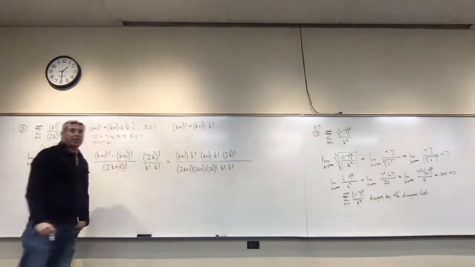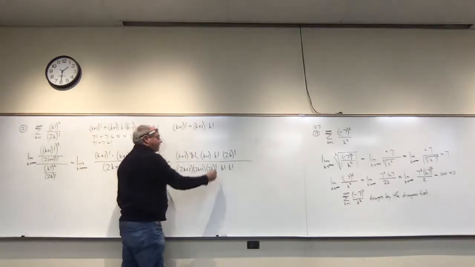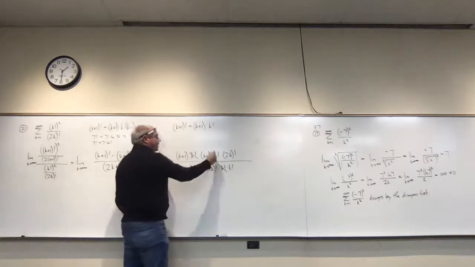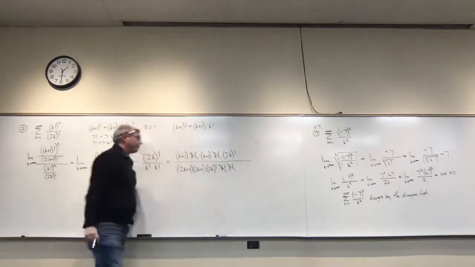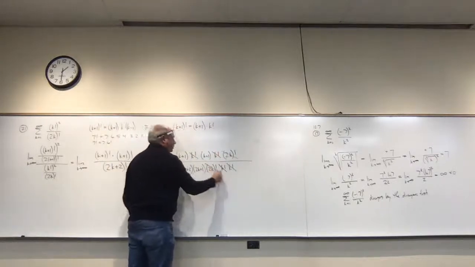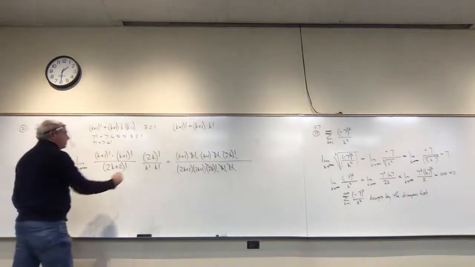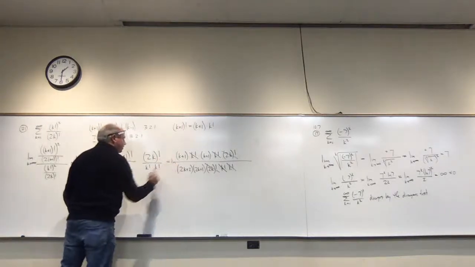Now I can start canceling a bunch of things. There's a k factorial on the top and a k factorial on the bottom. K factorial on top, k factorial on bottom. 2k factorial on top, 2k factorial on bottom. And now let's see what we have left. I still was taking the limit here.